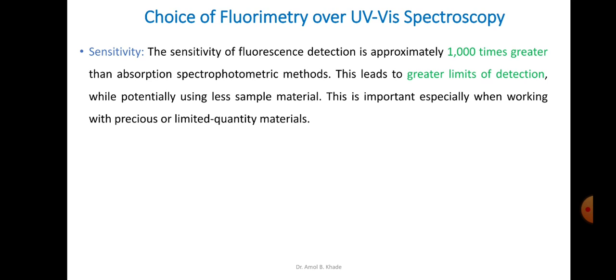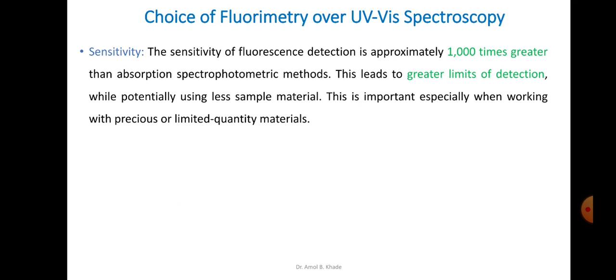The limit of detection will improve with fluorimetric methods, and when you have a very small amount of sample, especially biological samples like serum or urine, where a large amount of sample you cannot withdraw from the patient. So in those cases, even with a little amount of sample, because of the better limit of detection, we can easily quantify those samples with fluorimetry.